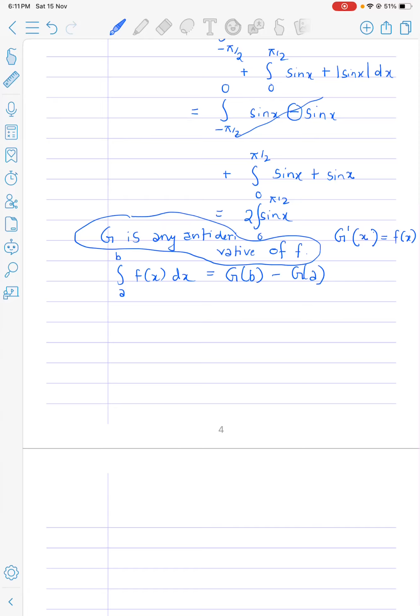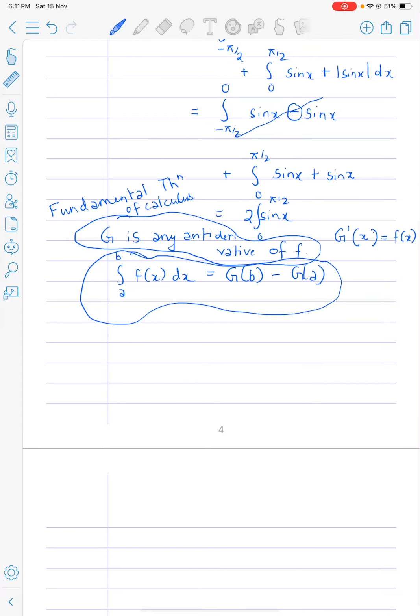If G is any antiderivative of f, then this is true. So this is the fundamental theorem of calculus.